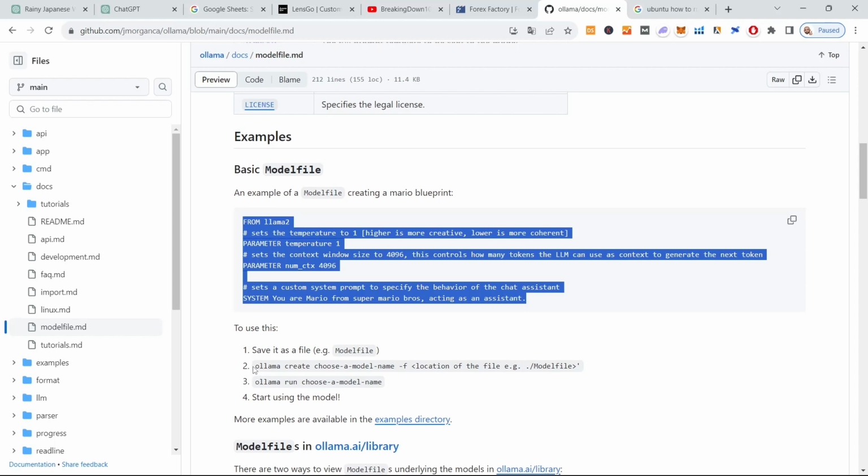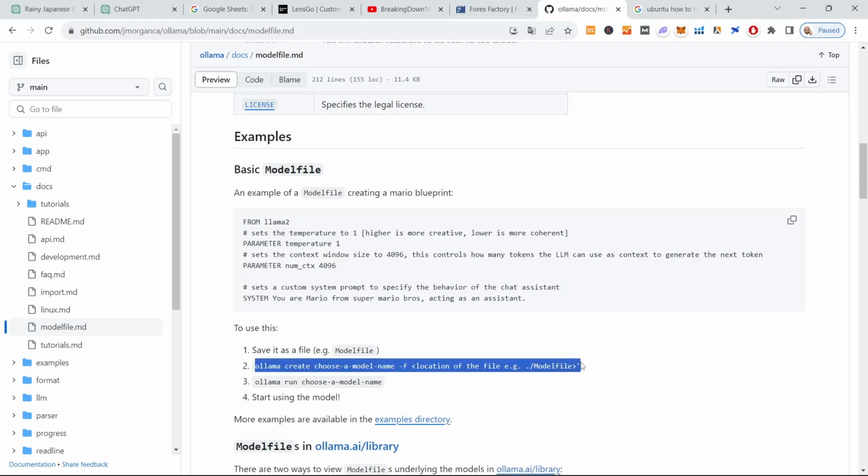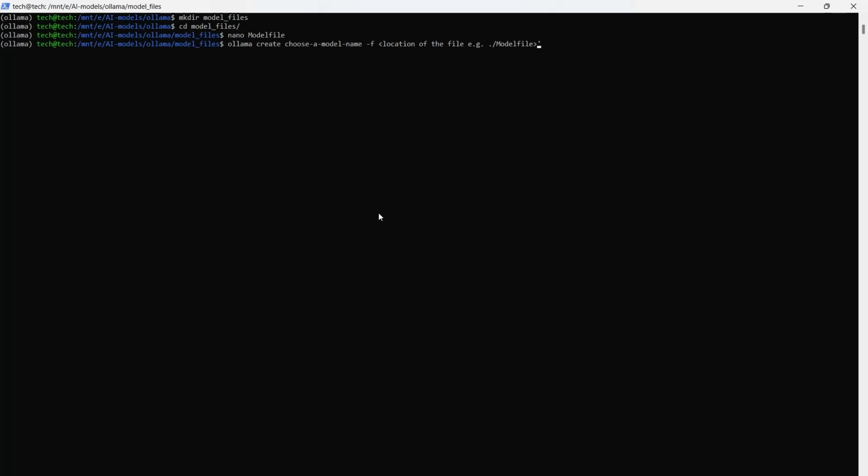so this is done. After we have here, we save the file and we use this command. So we just use this command and say where's the location. I think I'm gonna call it product owner.